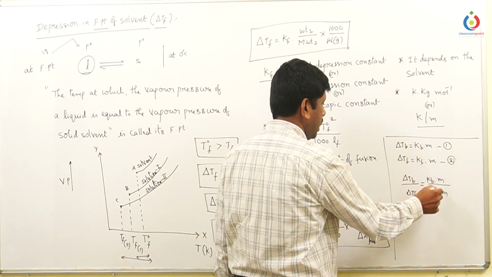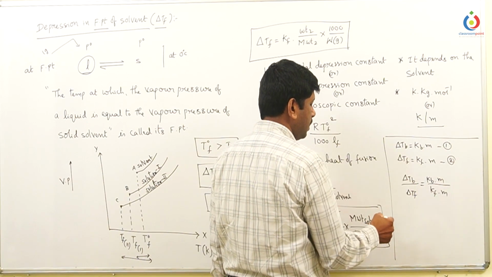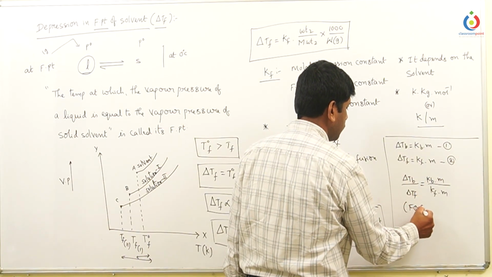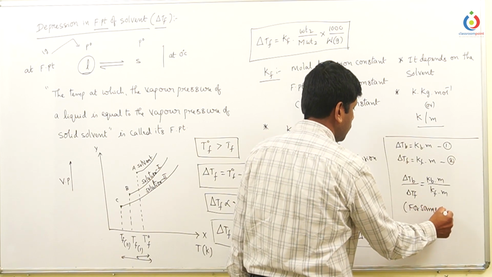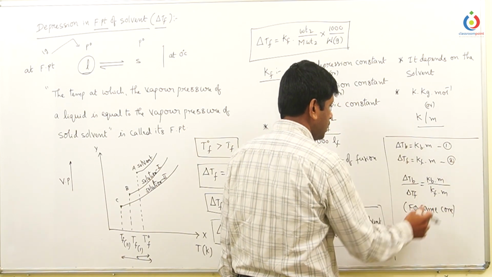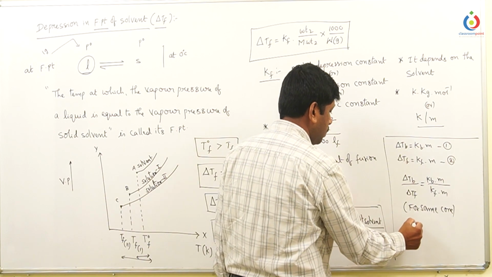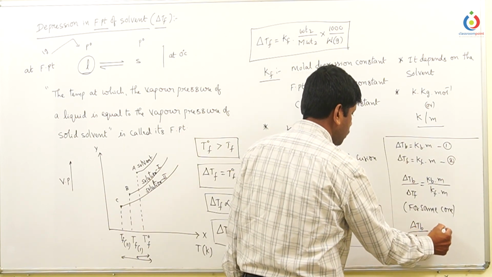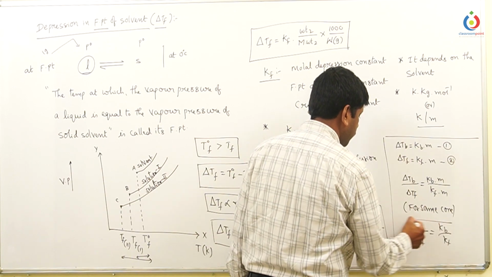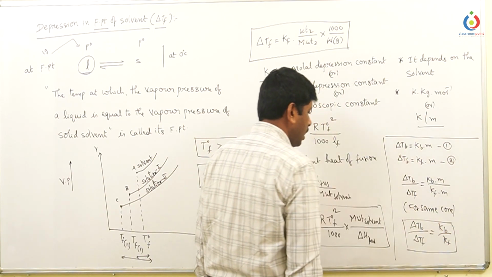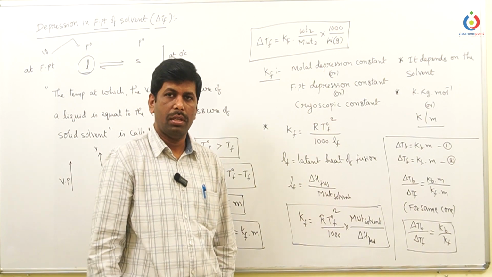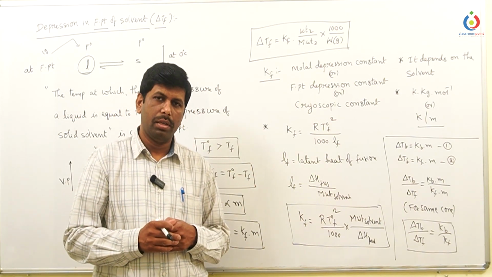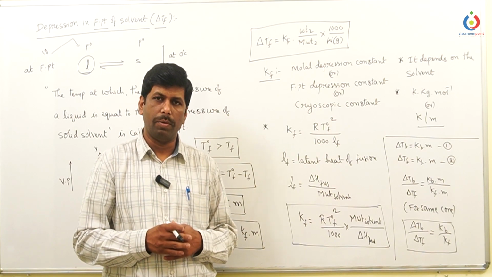If molalities are different, then this formula is applicable. If molalities are the same, for the same concentration, then the concentration cancels out, so that we get delta TB by delta TF equals Kb by Kf. So by using this and by knowing the freezing point, we can calculate the boiling point. By knowing the boiling point, we can calculate the freezing point of the solution.